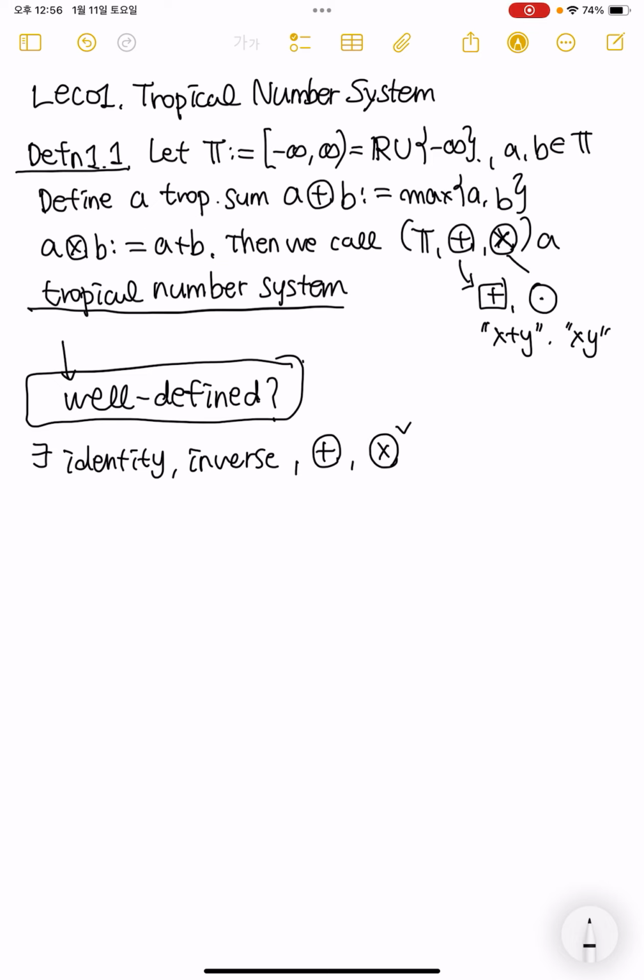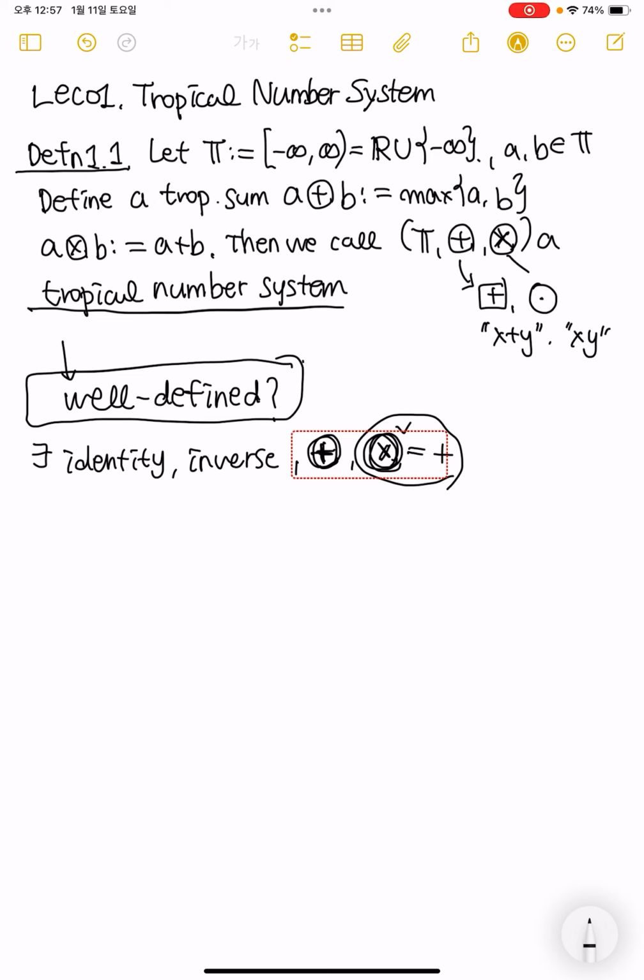In the case of tropical multiplication, it's just addition, as we know, so that is okay. But we should think about whether the identity or inverse exists for the tropical summation.